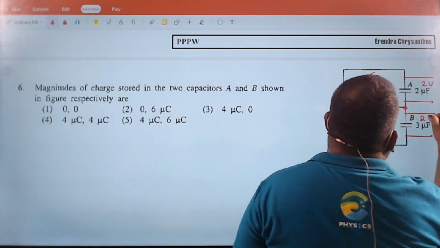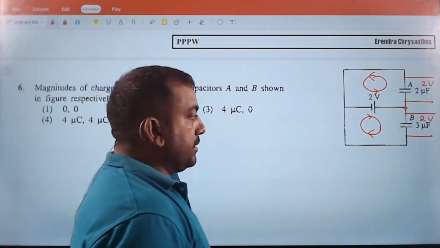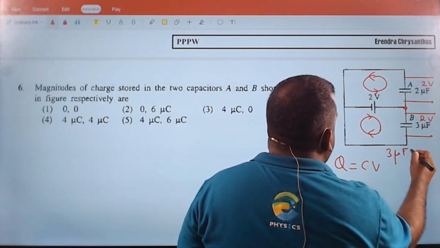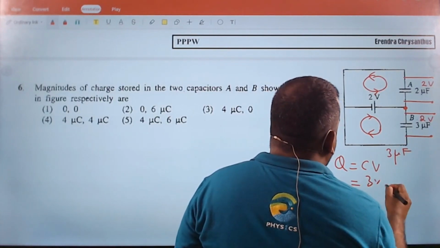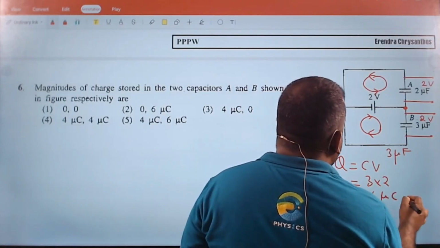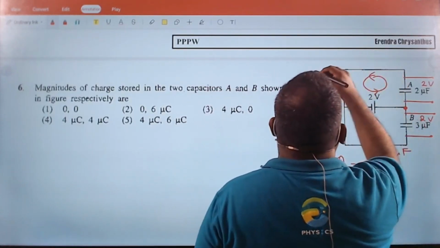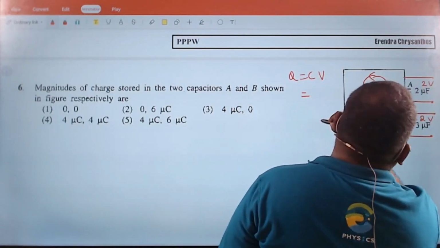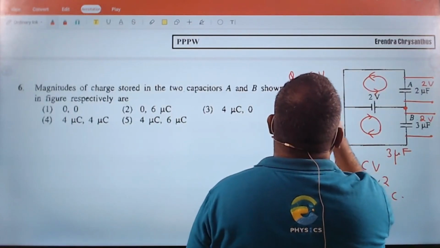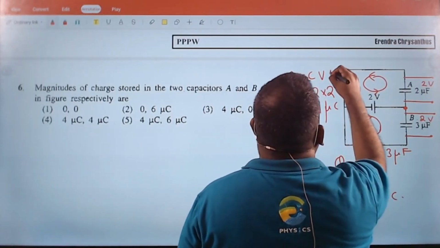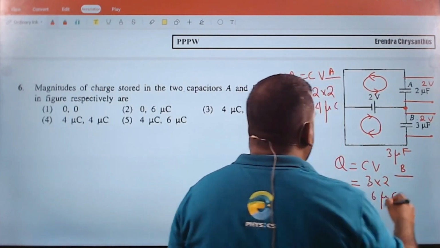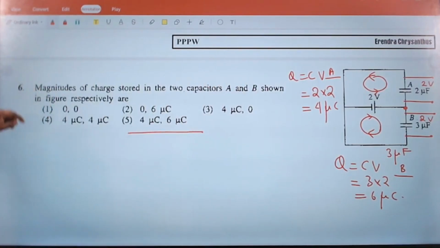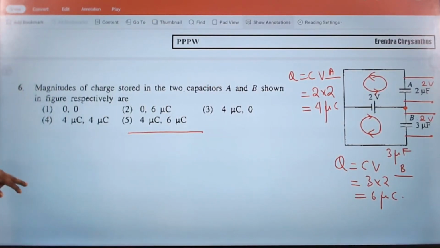So 2 volt there, 2 volt here. So Q is equal to CV. 3 microfarad, 3 times 2, 6 microcoulomb. Then Q is equal to CV here: capacitance is 2 microfarad, voltage is 2, 4 microcoulomb. So A and B taken separately, A is 4 microcoulomb, B is 6 microcoulomb. Answer is answer number 5.